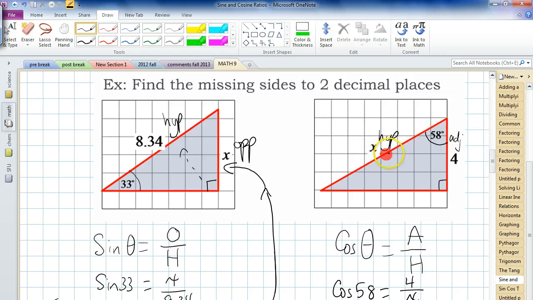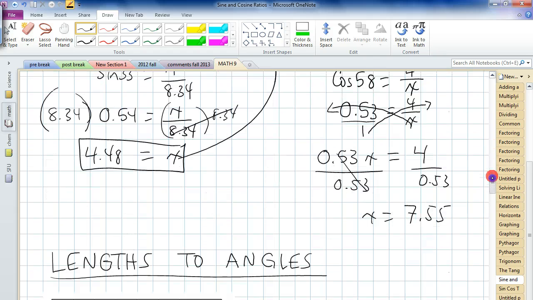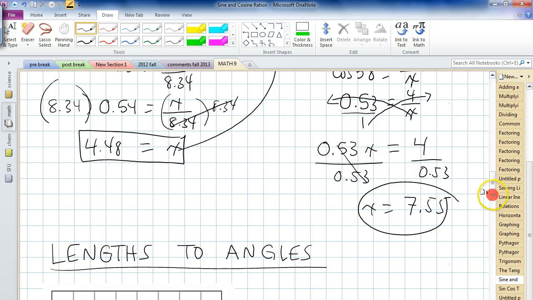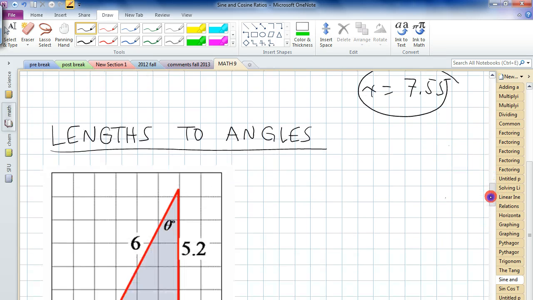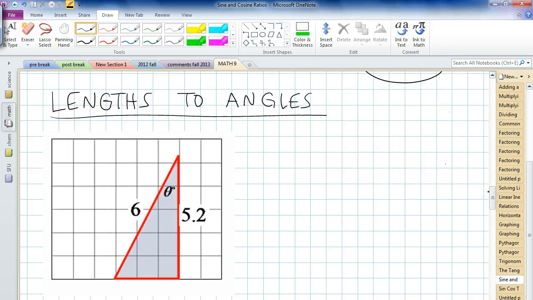That is that right there. We just figured out x is 7.55. Not a big deal.